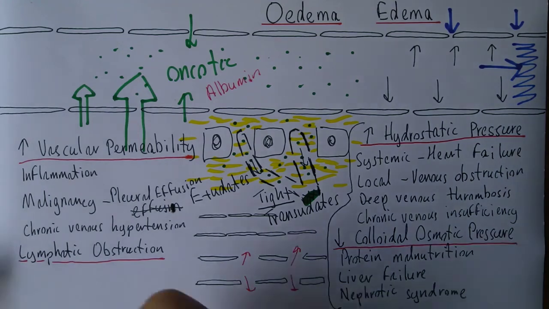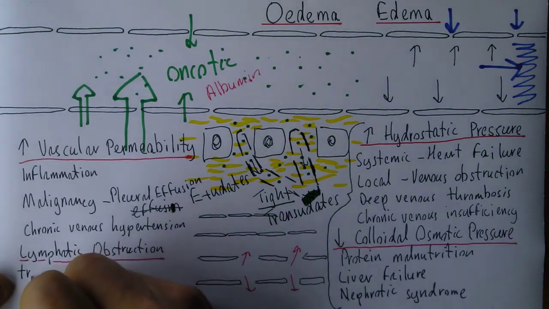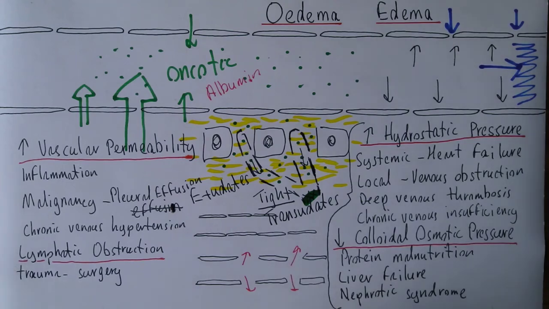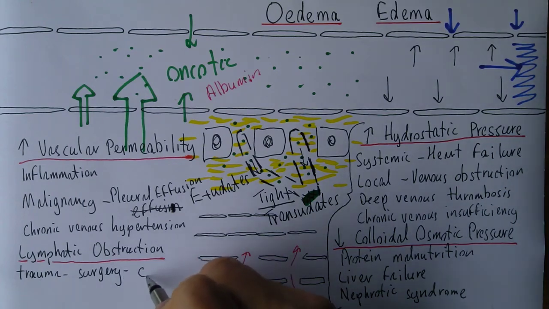So the lymphatics could be damaged by trauma, surgery. Surgery can damage the lymphatic ducts, or surgeons can sometimes remove the lymph nodes. Often it occurs after infection.